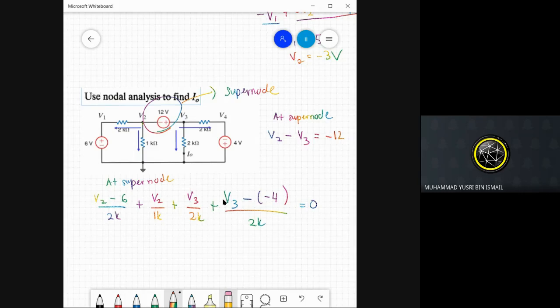Or you can also write, okay, this is up to you, depending on your assumption, V3 minus V2 equal to 12.